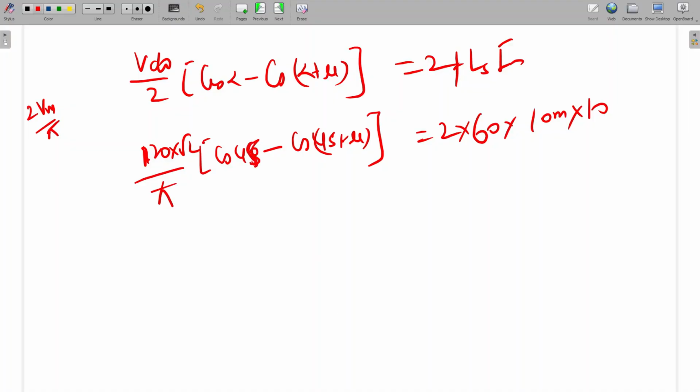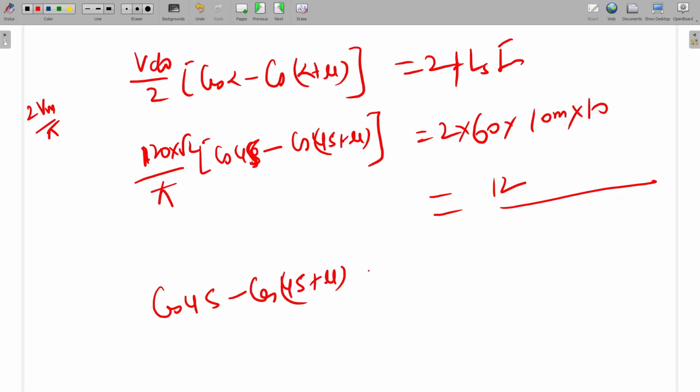Is it correct? How much is this side value? 12, sir. So cos of 45 minus cos of 45 plus mu, this should be equal to 12 into pi divided by 120 into root 2.